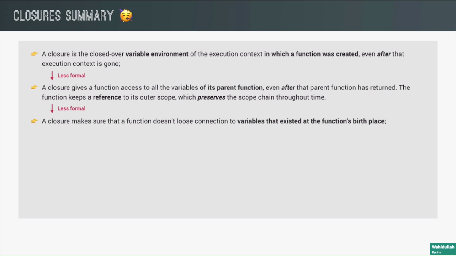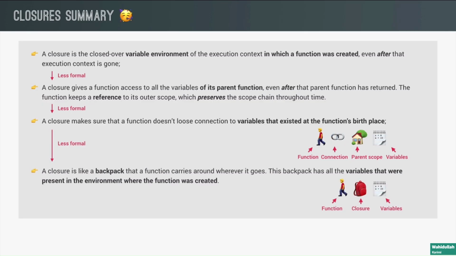In this analogy, the person is the function and the hometown is the function's parent scope, and the function then doesn't lose the connection to the variables stored in this parent scope. And I hope that makes sense. Finally, some people like to think of this attached variable environment as a backpack.